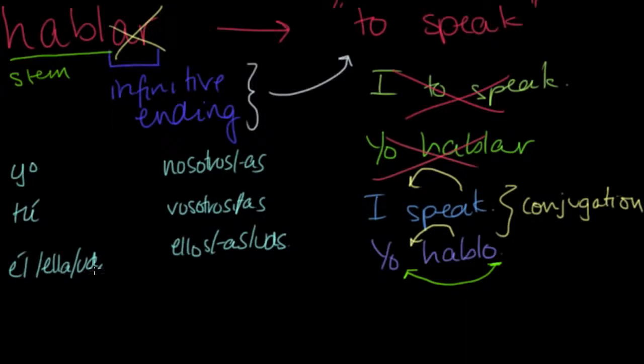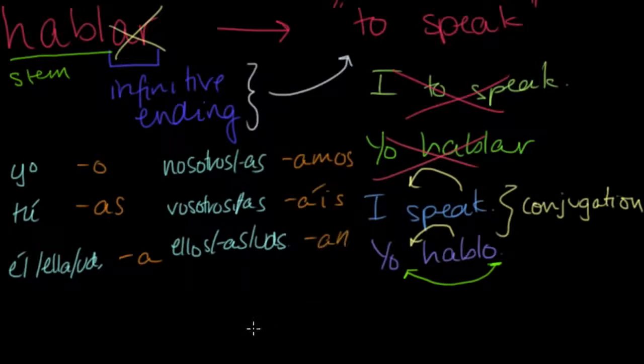So each of these subject pronouns or groups of subject pronouns will have its own conjugation ending, and they are as follows. Yo, o; tú, as; él, ella, usted, a; nosotros, nosotras, amos; and vosotros, vosotras, áis, accent on the a; and finally ellos, ellas, ustedes, an.